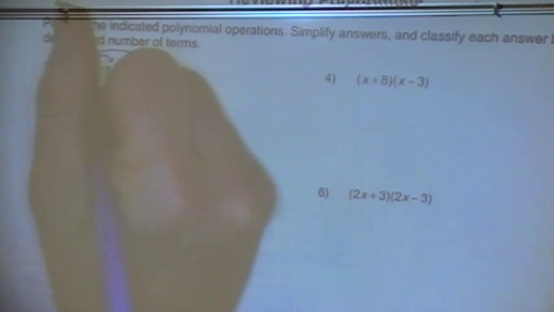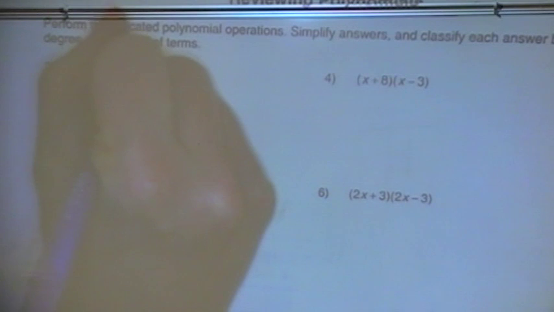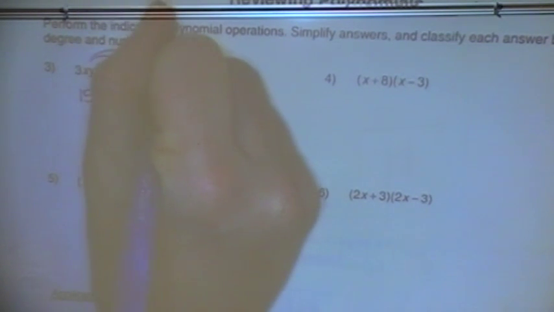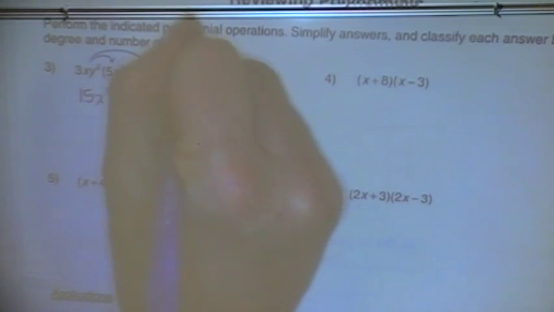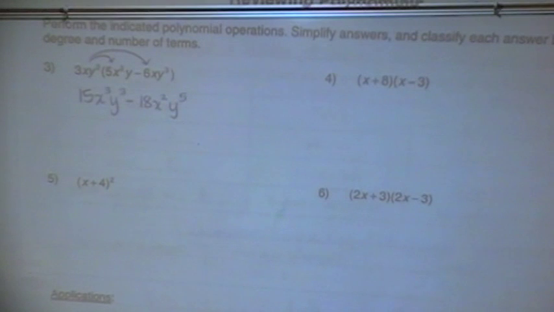And what do I do with my exponents? Add them. So this is going to be x cubed y cubed minus 18 x squared y to the 5th. And that is all you can do, because they are not like terms, so I cannot add them.